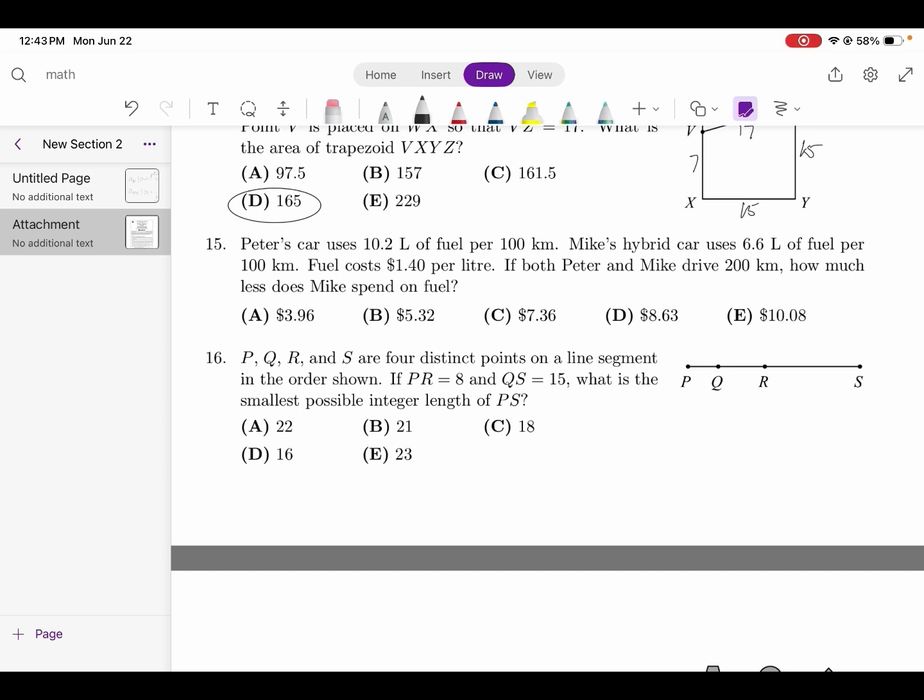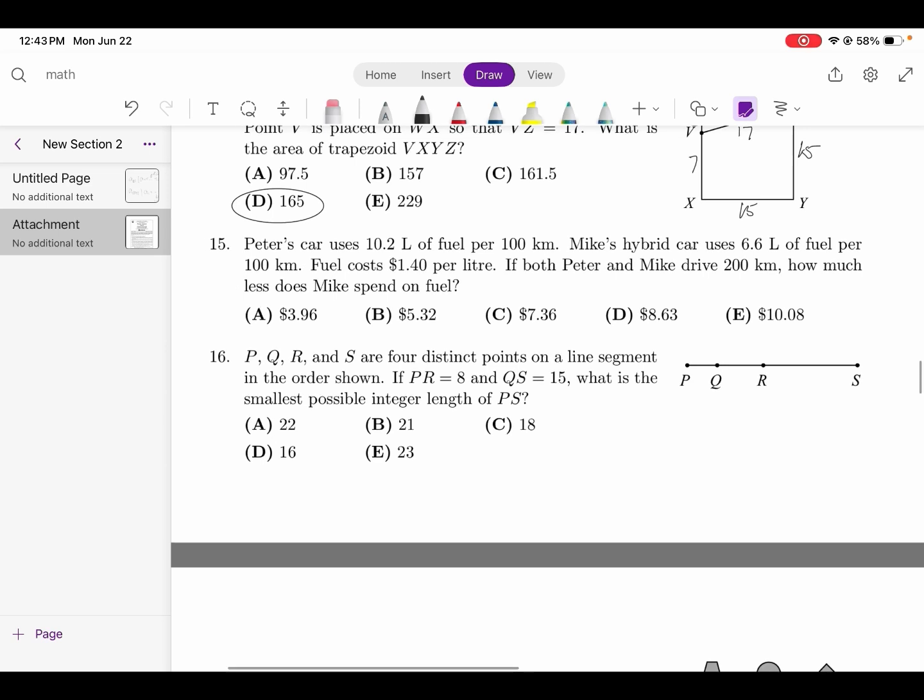So essentially what we see is that Peter's car uses 10.2 minus 6.6, which is 3.6 liters more per 100 kilometers, which means that it's 7.2 liters more per 200 kilometers. And then it costs $1.4 per liter, and you have 7.2 liters extra, which means that you multiply those together to get $10.08 more that Peter spends.